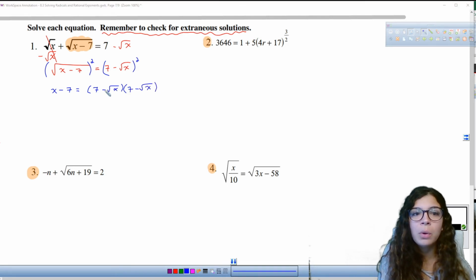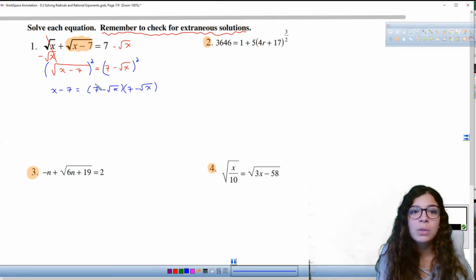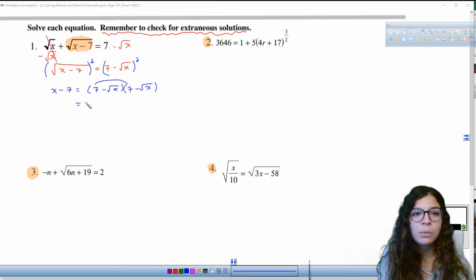And I will need to multiply these two together. So let's do that. 7 times 7 would be 49. 7 times negative square root of x will be negative 7 square root of x. Negative square root of x times 7 is negative 7 square root of x. And negative times a negative is a positive. Square root of x times square root of x is positive x.